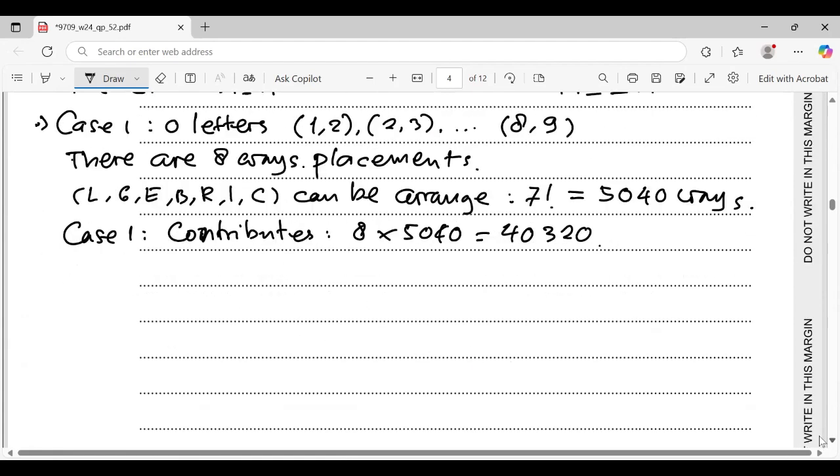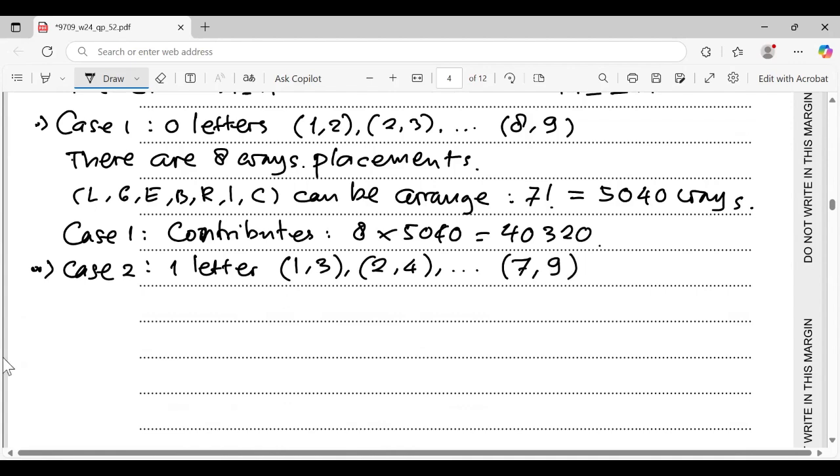Second case, or case two, is one letter between A and A, such as the first letter and the third letter, the second letter and the fourth letter, and so on until the seventh letter and the ninth letter.